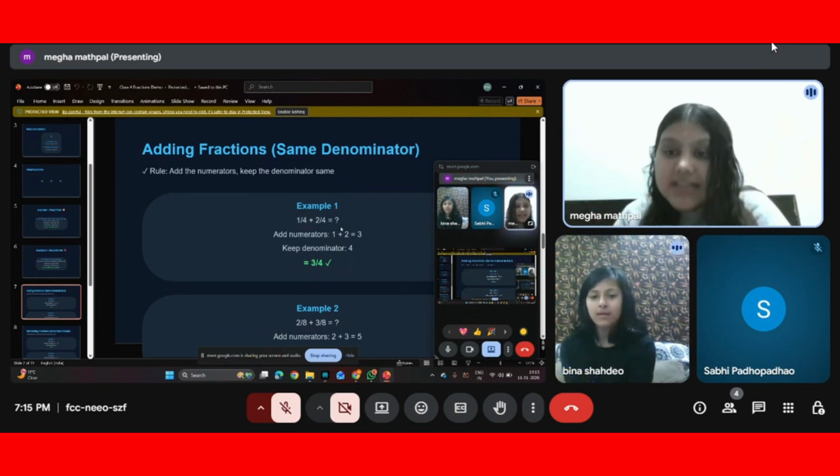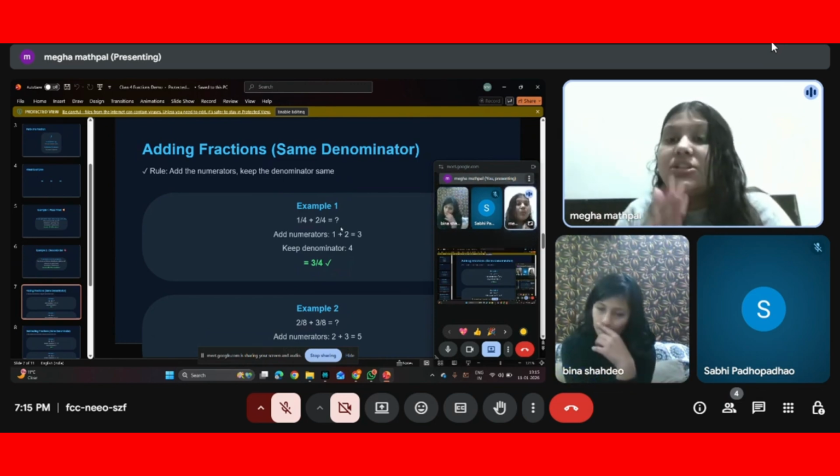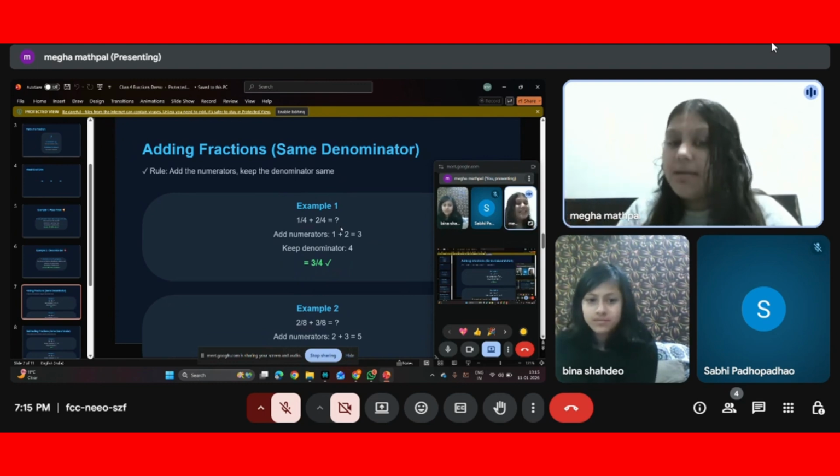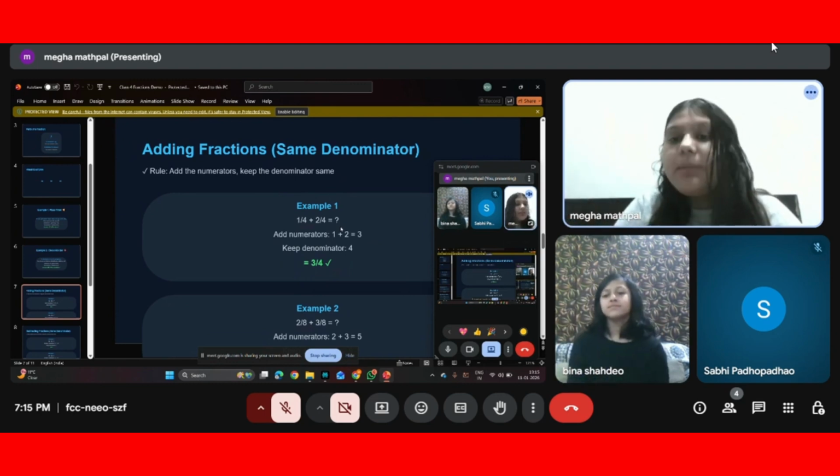Now they are asking how much total food I have eaten. So you have to add both: 1/4 plus 2/4. Add the numerators, 1 plus 2 would be 3, and the denominator would be the same. So you can easily write 3 by 4.